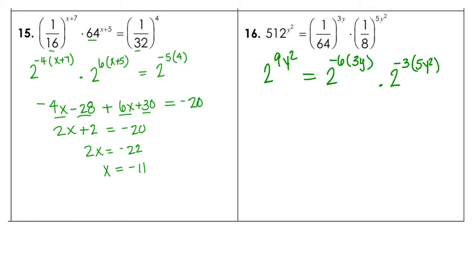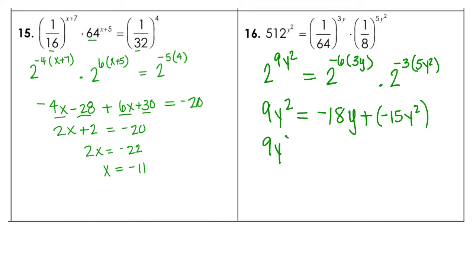So let's put together what we can. We know from this left side we have 9y squared equals negative 18y plus, and then this is going to be negative 15y squared. So we really have 9y squared equals negative 18y minus 15y squared.